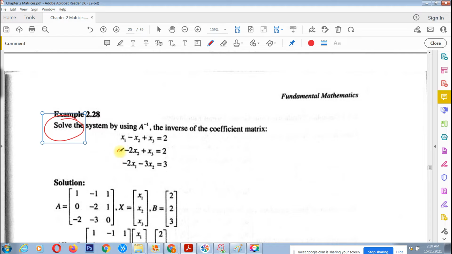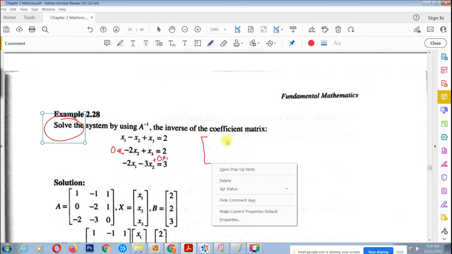So this is x1, 0, here is plus 0x3. So how to perform with the matrices?